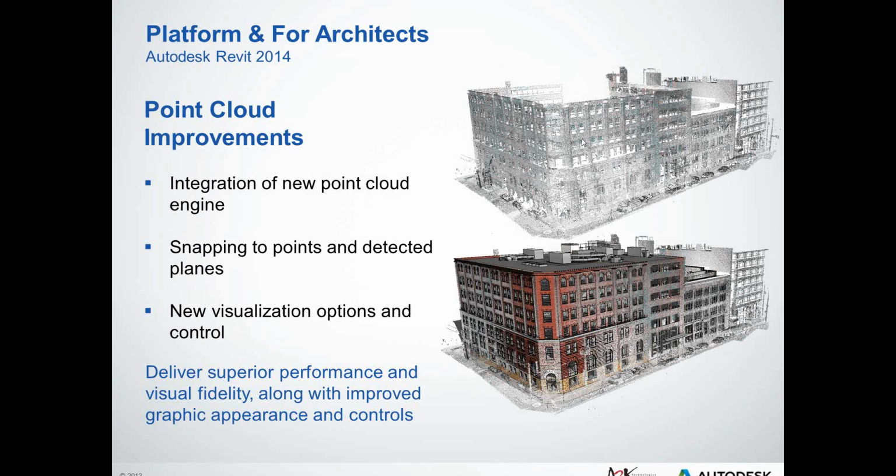You can see the difference there. The top image is probably more representative of how 2013 used to display a point cloud, and down the bottom here is what 2014 should be able to achieve. It's not just a higher density on the points, but it is also a better performance as well.